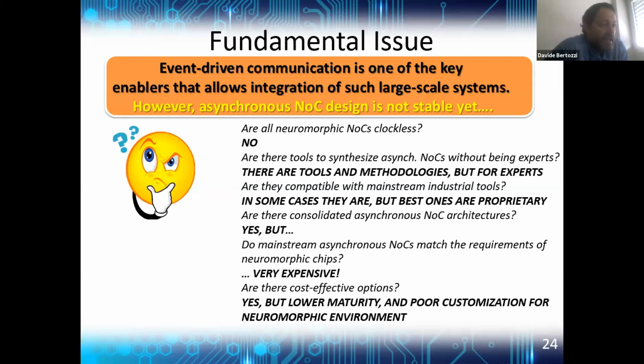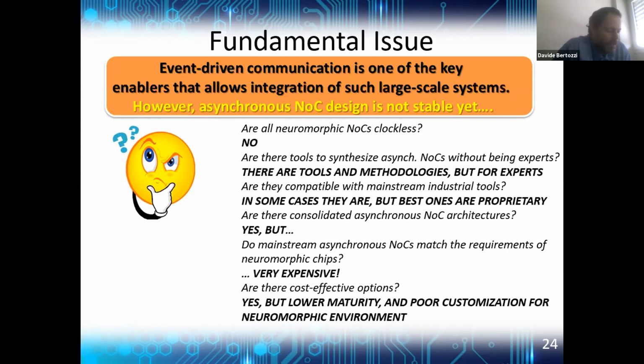But the answer is again not exciting, because there are tools and methodologies that yield very good results for asynchronous NoCs, and that are in some cases even industry grade, but they either do not integrate with mainstream industrial CAD tools, or they do, but they are proprietary since they have been developed within companies. So they are not available for the research community at large.